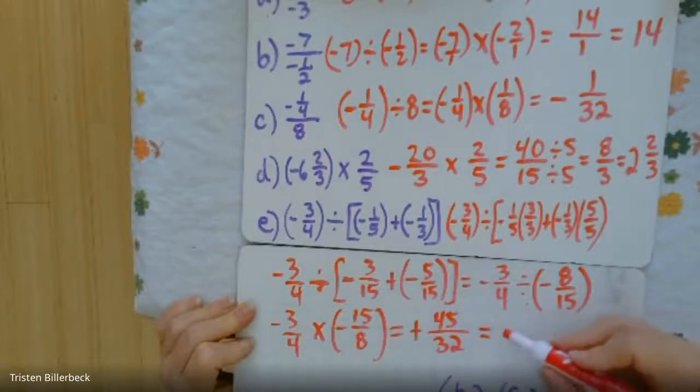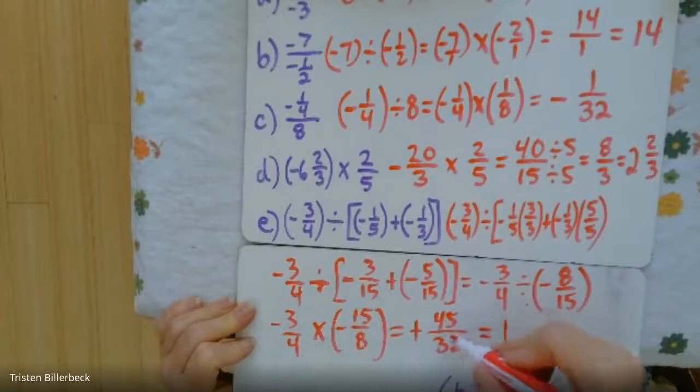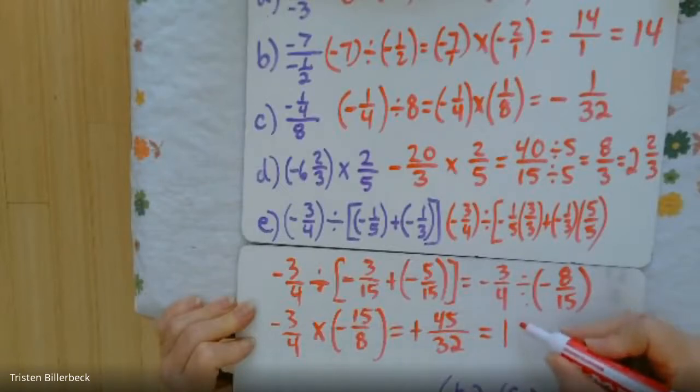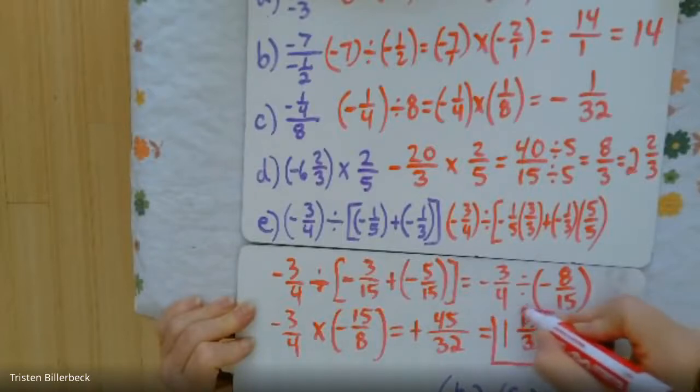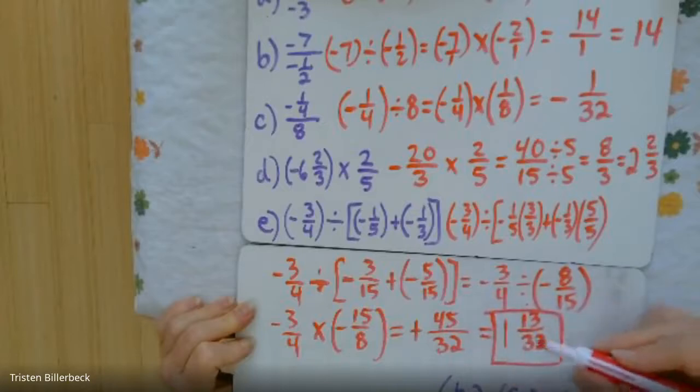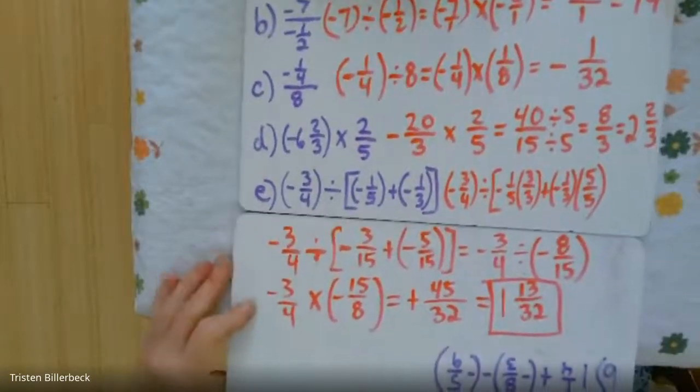So if we write that as a proper fraction, there's 1 in 32, and 45. And then there will be 13 left over. So we have 13 over 32. So our answer in a proper fraction would be 1 13/32.